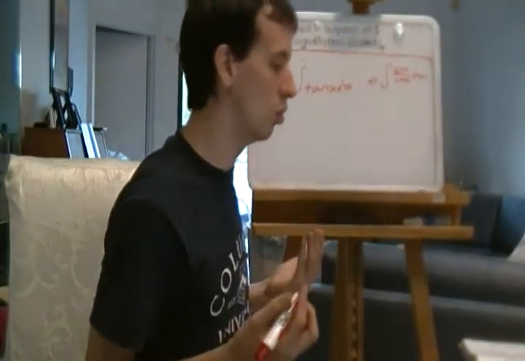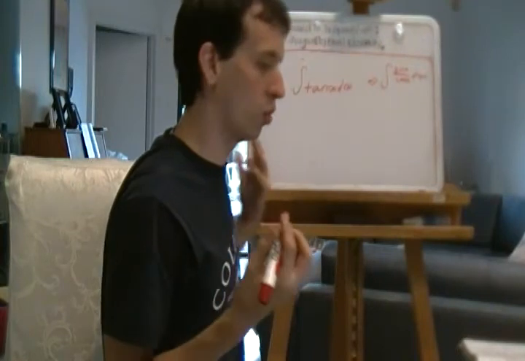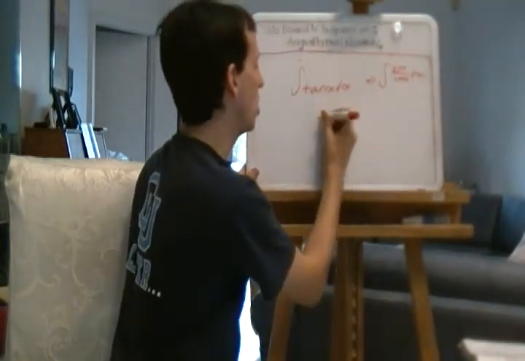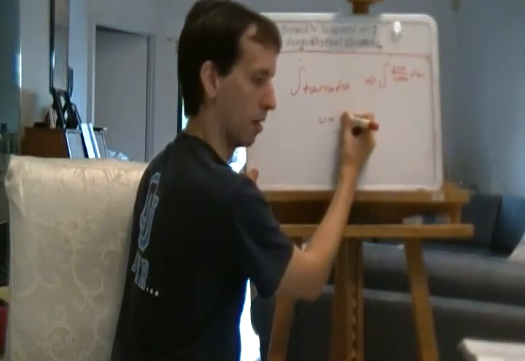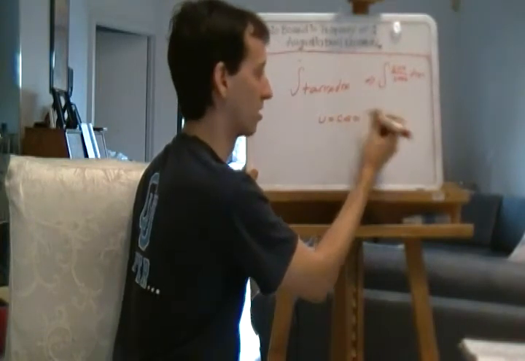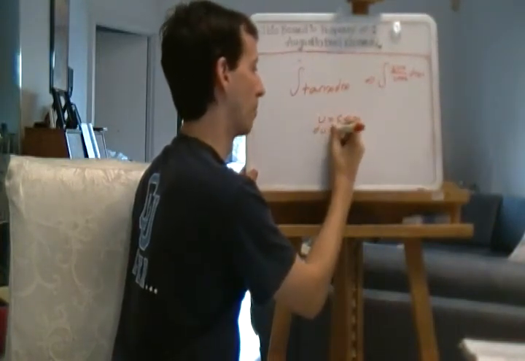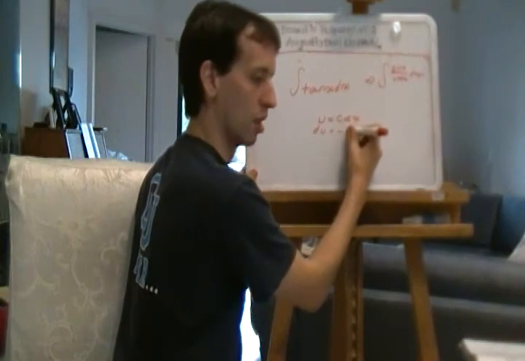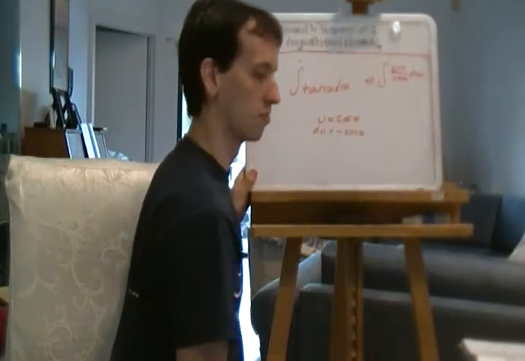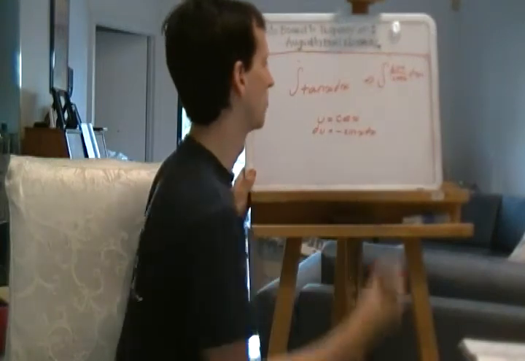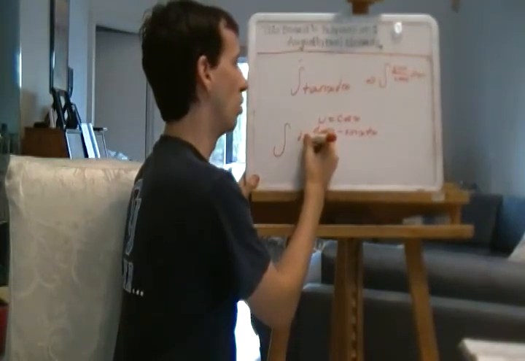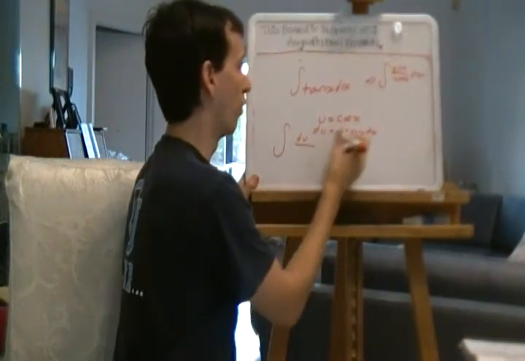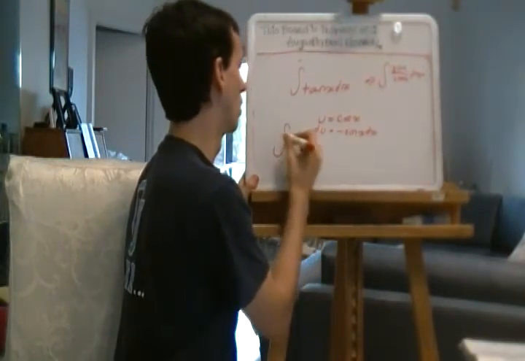Let's let u equal, what do you want to make u? Of course, cosine x. du is negative sine x dx. All right, so now we've got the integral of negative du over u.